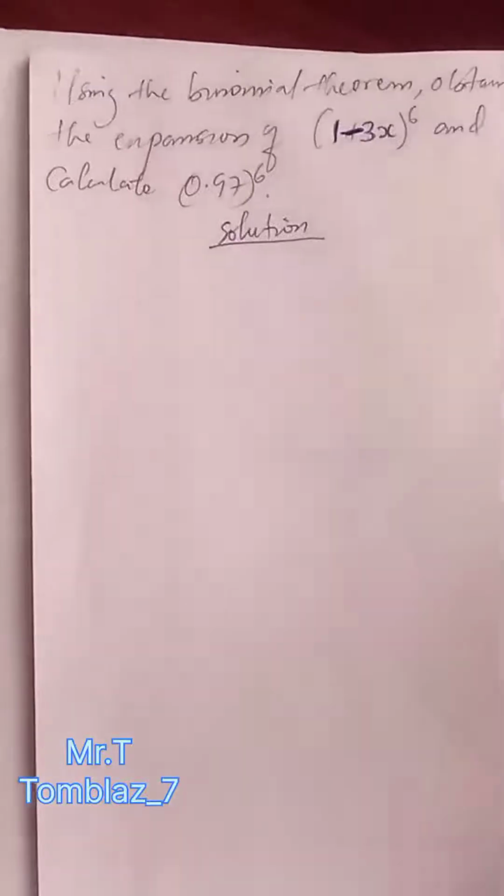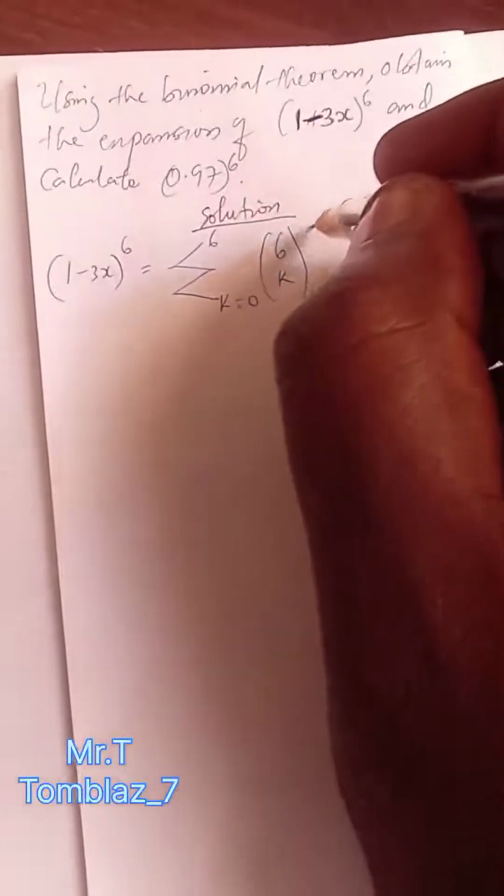the binomial theorem itself. For instance, if I have (1 minus 3x) raised to the power 6, I can say it is a summation, k equals 0 to 6, of 6 combination k, 1 raised to 6 minus k, and then (minus 3x) to the power k, right?